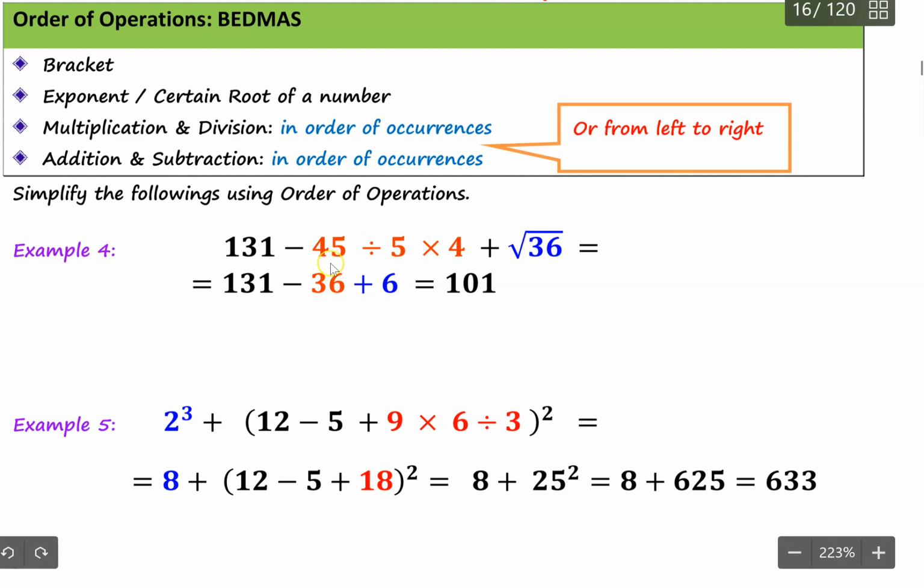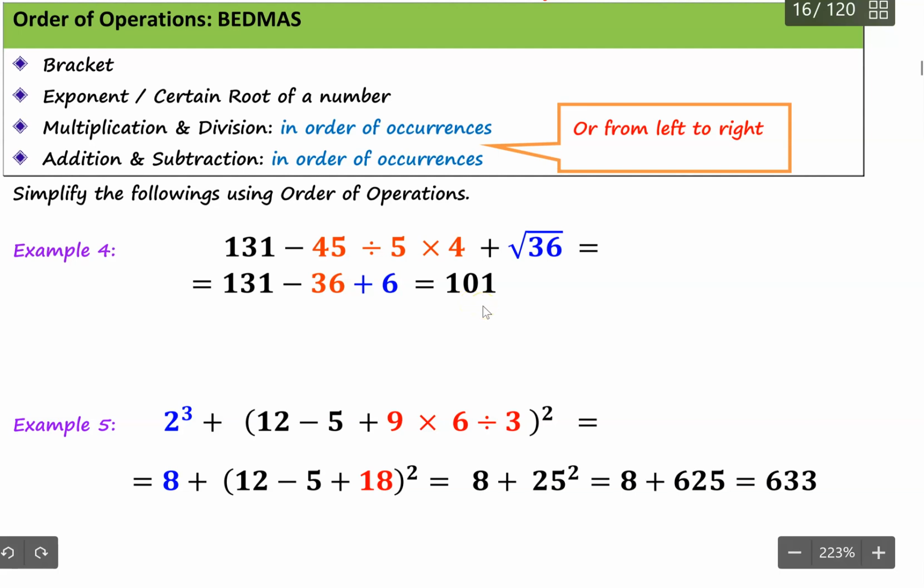Write down 36. You can see that I color-coded the numbers right here. On this line, I have 131, subtract 36 plus 6. Now I just have addition and subtraction, so I have to perform the operations from left to right. You take 131, subtract 36, add 6, and the solution should be 101.